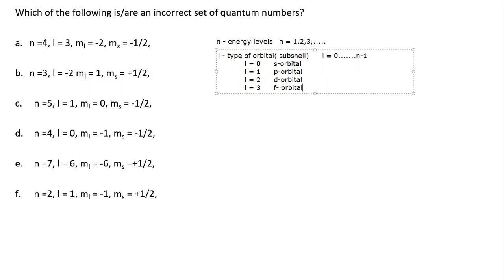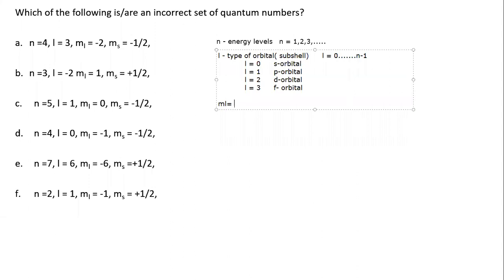So again, you have the energy level. Within energy levels, you have types of orbitals, aka subshells. And then within types of orbitals, you have different orientations of that orbital. That's usually M sub L, and this is called the magnetic quantum number. I'll come back to that a little bit.